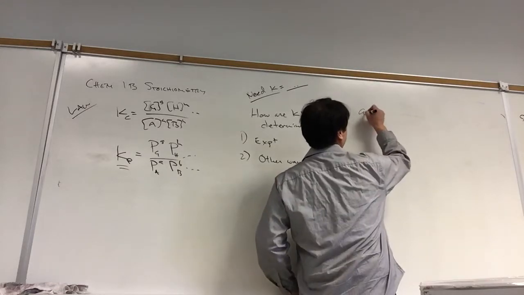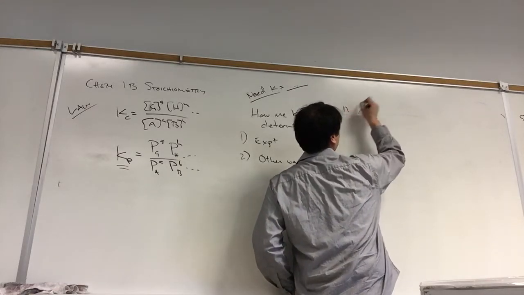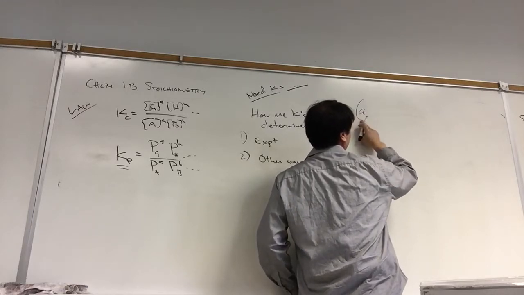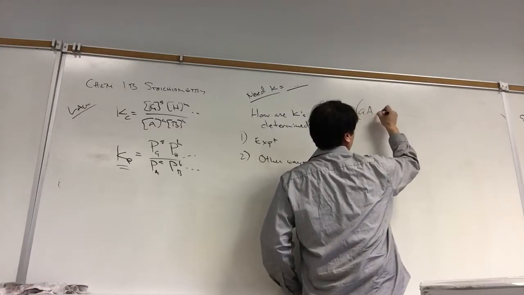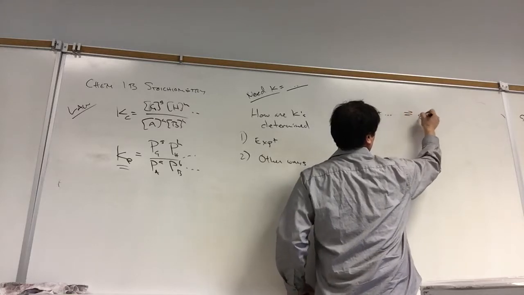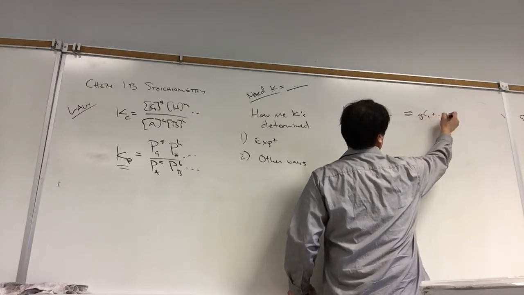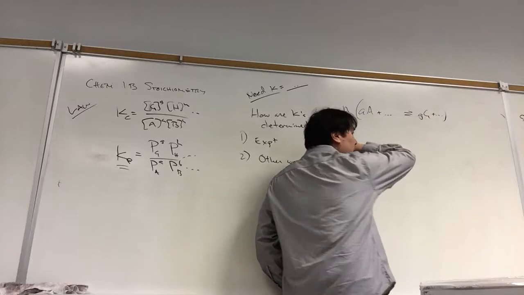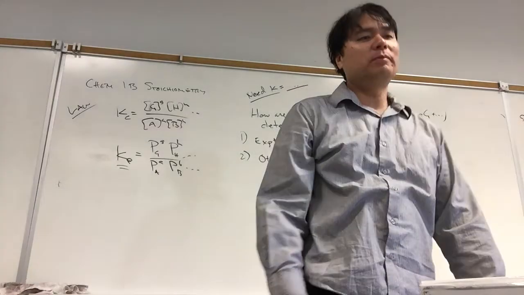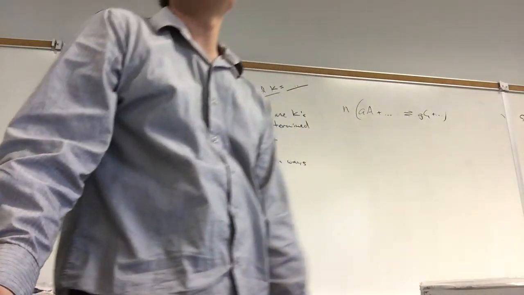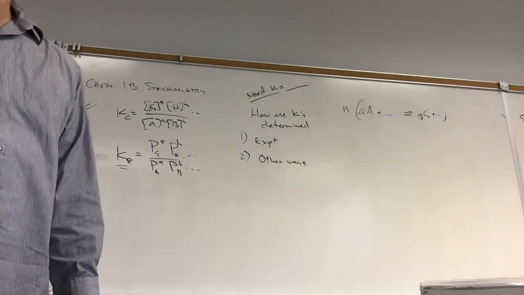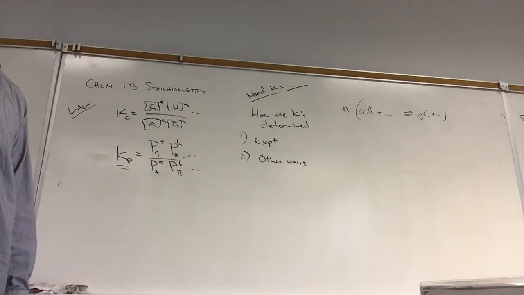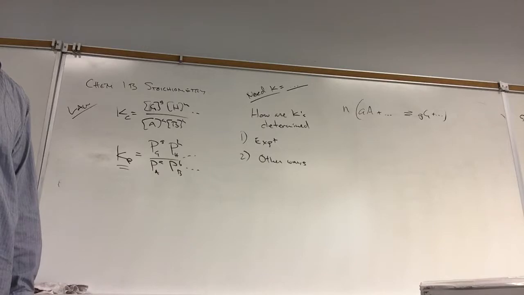It's a little bit different because let's say we multiply the equation by some coefficient. In Hess's law, if you burn a mole of methane, it gives you this much energy. If you burn 2 moles, you double it, you're going to get twice as much energy, right?